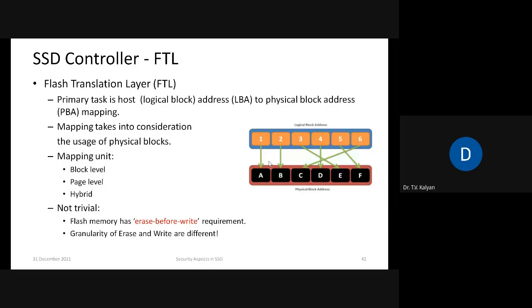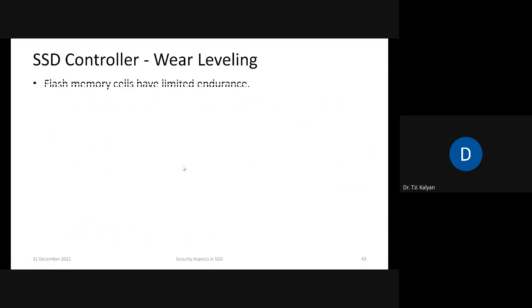Also, the granularity of erase and write are different, so if at all it needs to erase a block, it needs to move the existing pages in it to a new block. The mapping can be done at the block level, page level, or it can be a mix of both. This is the primary task of the FTL.